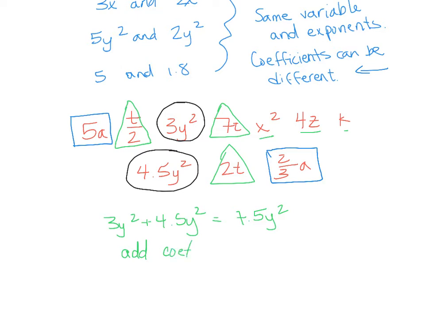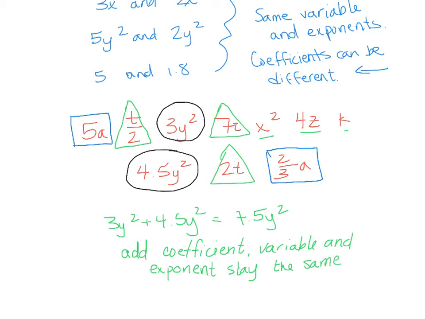Okay, so you have to follow the signs. Variable and exponent. And that is the hardest thing for kids to get, is that you don't change anything about the variable and the exponent. Okay? So, let's look at a few problems on page 27.